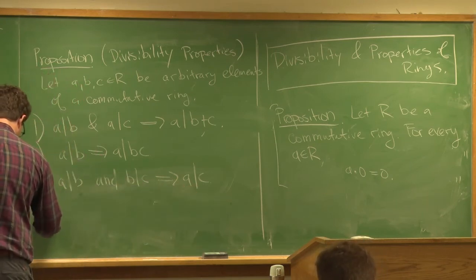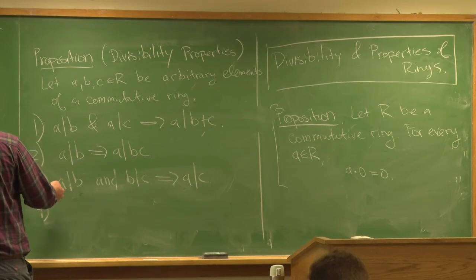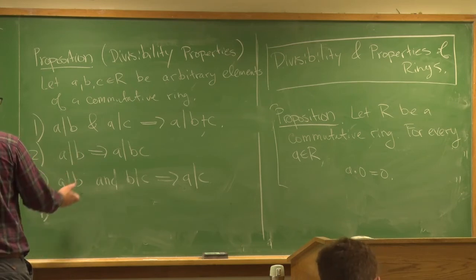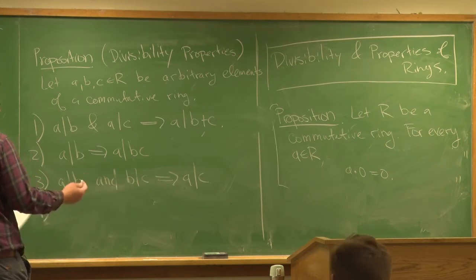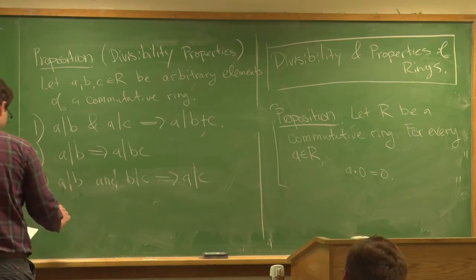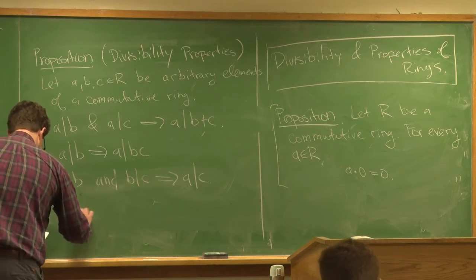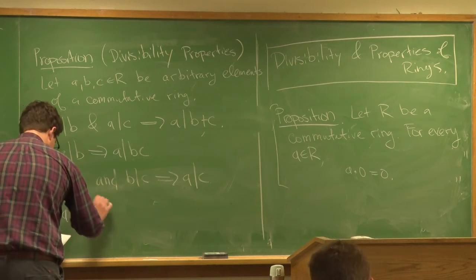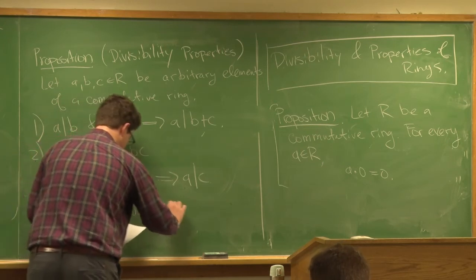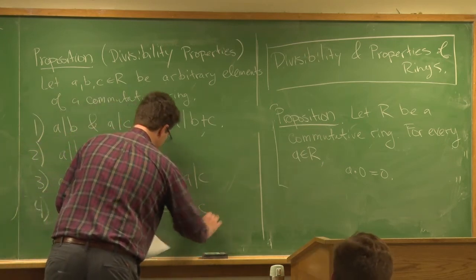In the homework, I give you an example of another relation, and you'll show it's an equivalence relation. It proves a bunch of properties similar to this one. Four, if A divides B and A divides B plus C, then A divides C.